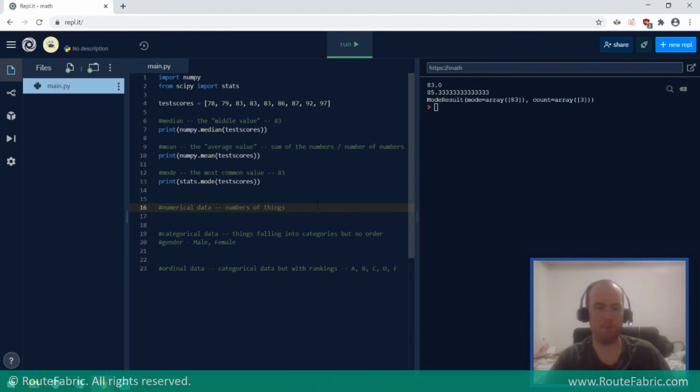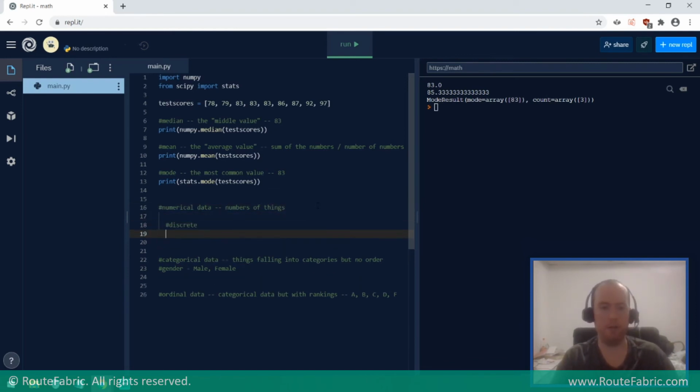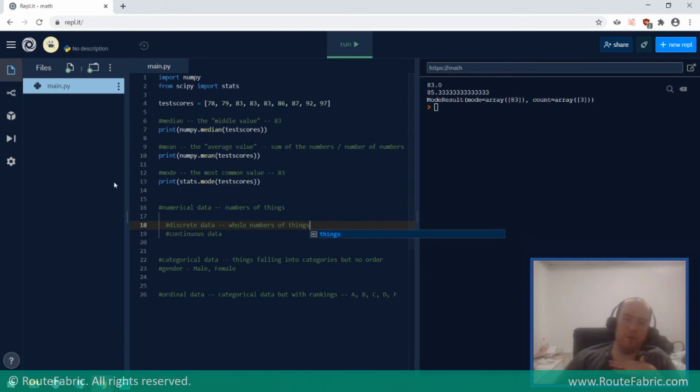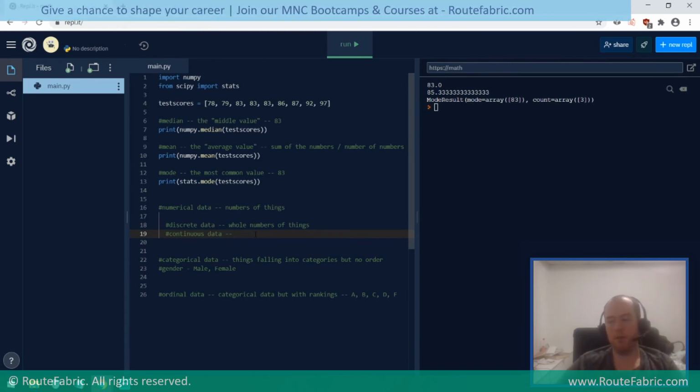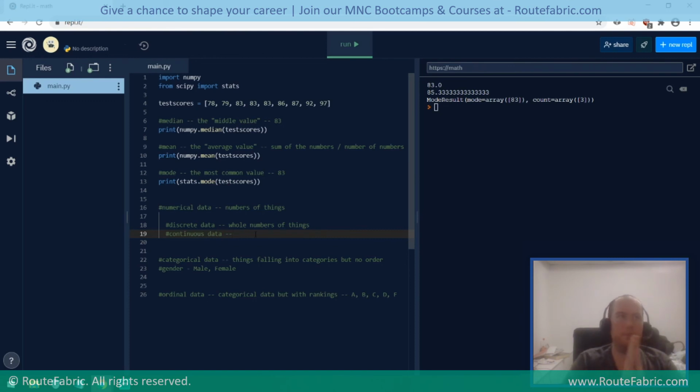Then numerical data splits into two types. There's discrete, and then there's continuous data. Discrete would be whole numbers of things. If I had 10 students in a class, you cannot have half of a student. So there always has to be whole numbers of a student. Continuous data could be temperatures at various places, throughout a town or throughout a country. The reason why that's continuous is because there's a continuous infinite amount of numbers between any 2 points.